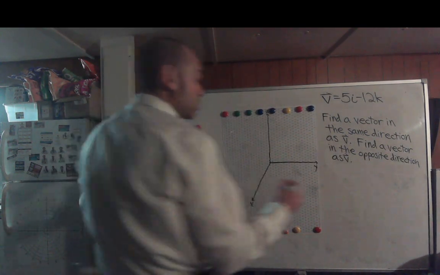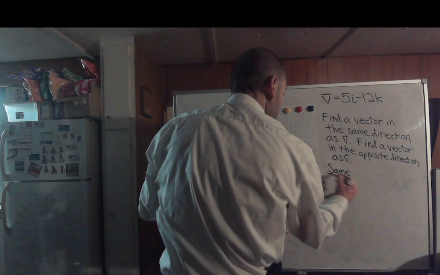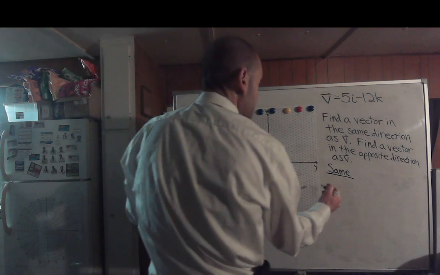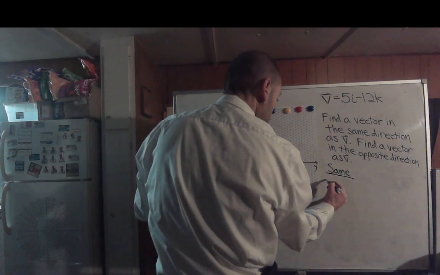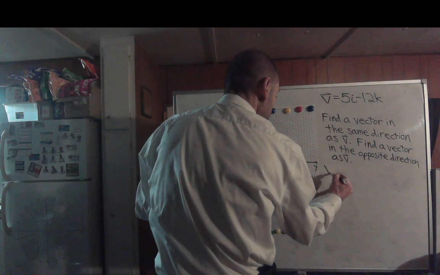Alright, so let's start in the same direction. In the same direction, I need to find first the magnitude of vector v. Actually, before we even do that, why don't we start finding the magnitude of vector v?